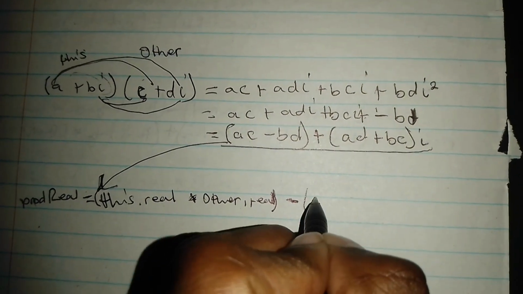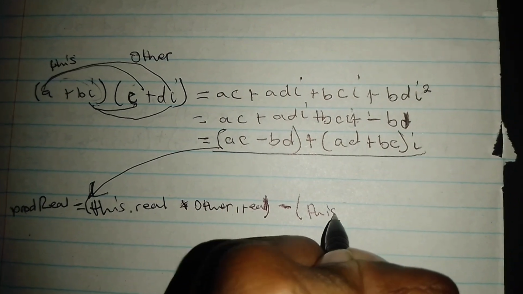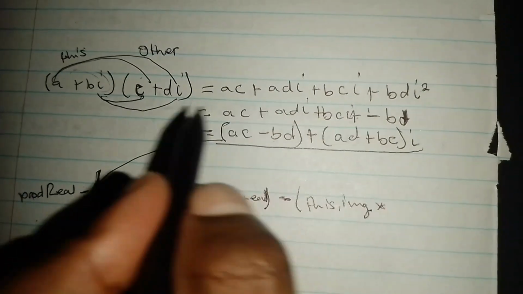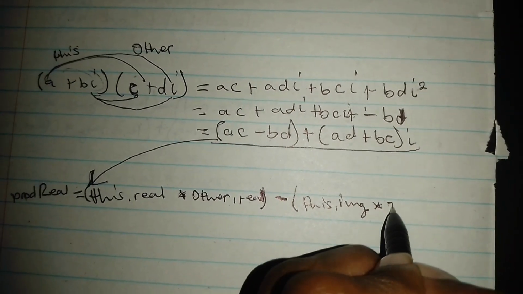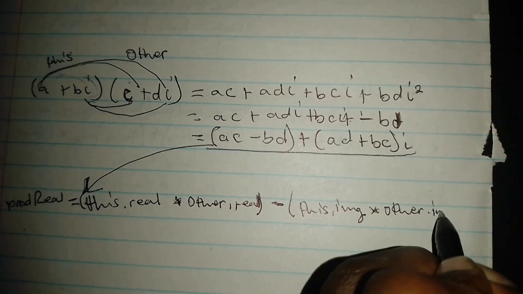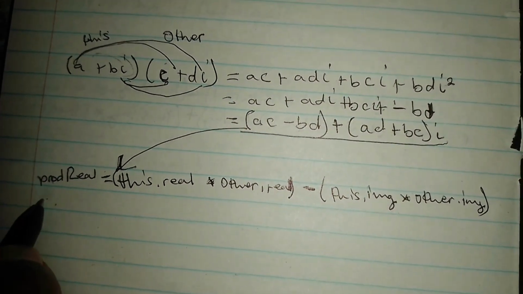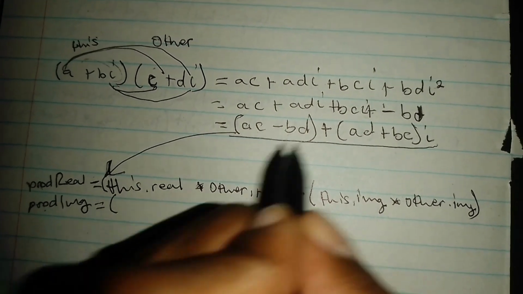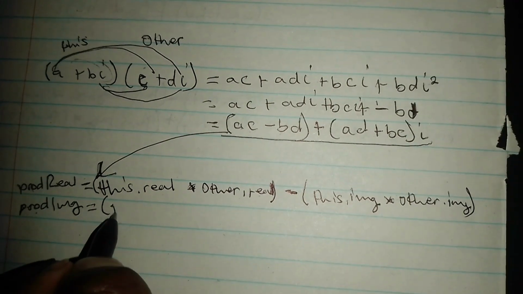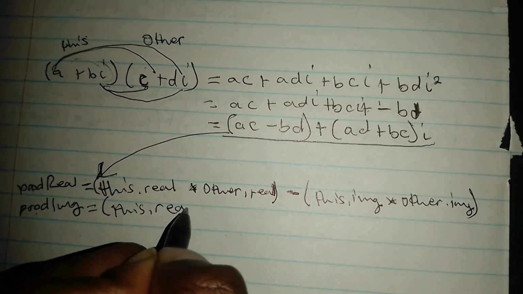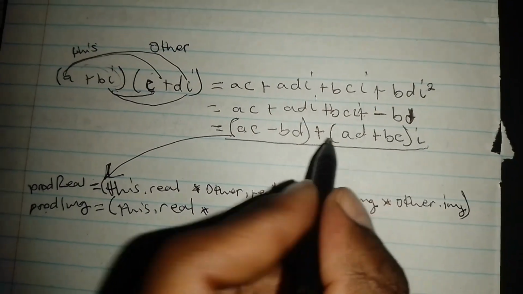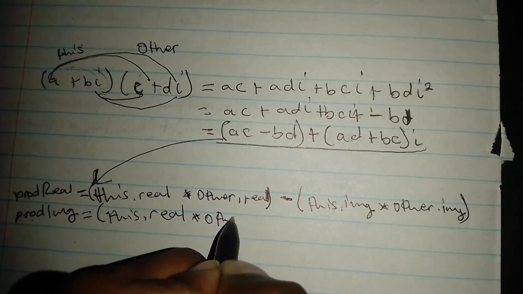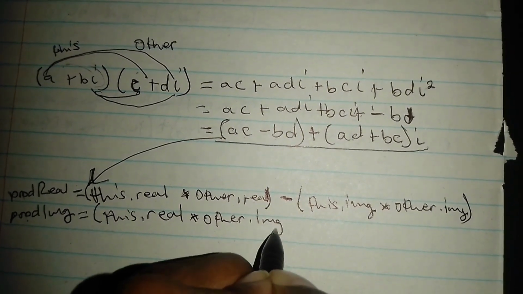B is the imaginary part of this dot imaginary times D, and D is the imaginary part of this other dot imaginary. For the imaginary product, remember AD: A is the real, this dot real, times D, which is other dot imaginary.